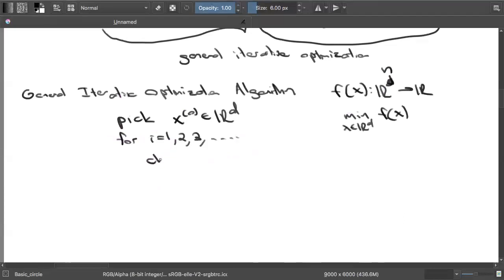I'm going to choose a vector d. Sorry, I stumbled a bit. n will always be the dimension of our domain. d, in this case, is a vector, so I'm going to let it be a vector in Rn, right? So what is a direction in three-dimensional space? It's a vector, that way or that way or that way.